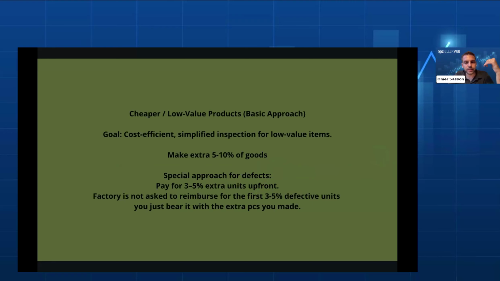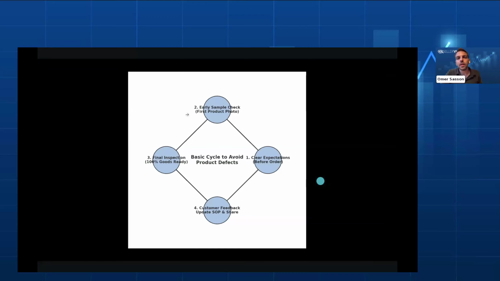Here I will tell the supplier I'm able to bear 3 to 5% defective goods, which means he can do less QC on his side, and this way he can lower the production costs. And in terms of our system, this time we'll do only one inspection at the end of production, and not 2, at the beginning and the end, okay? And like I said before, we're going to make extra units.